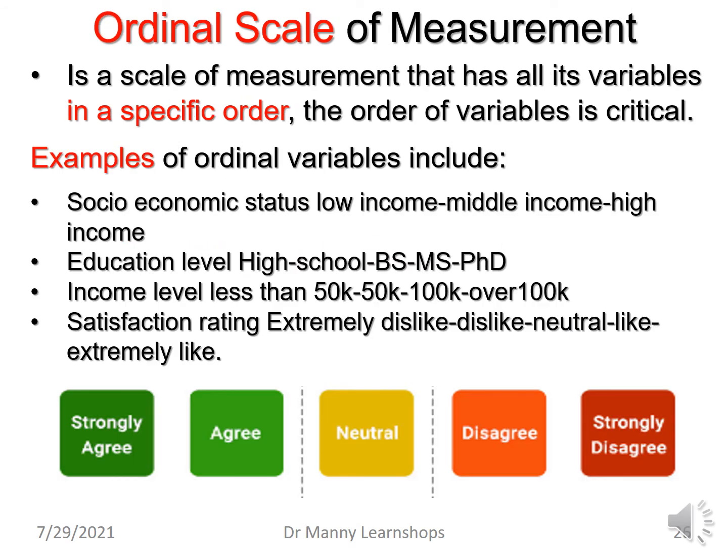Then you've got an ordinal scale of measurement. And this is a scale of measurement that's got all its variables in a specific order. Ordinal, ordered. The order of variables is critical.